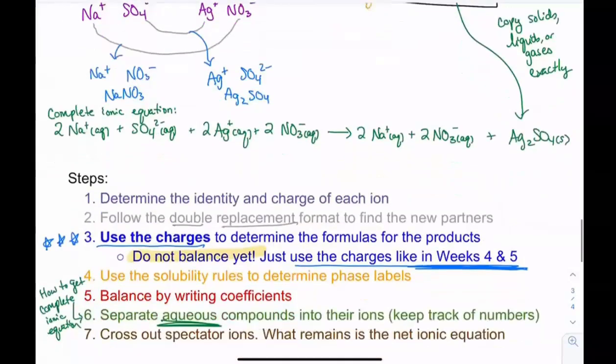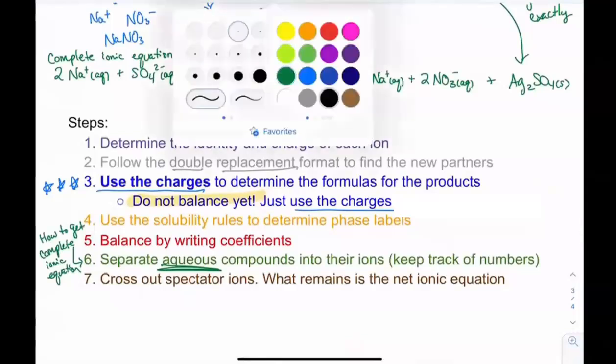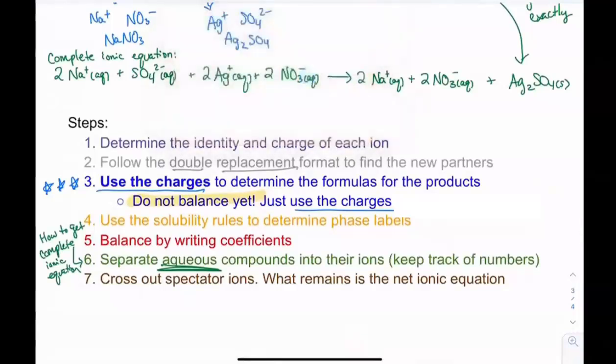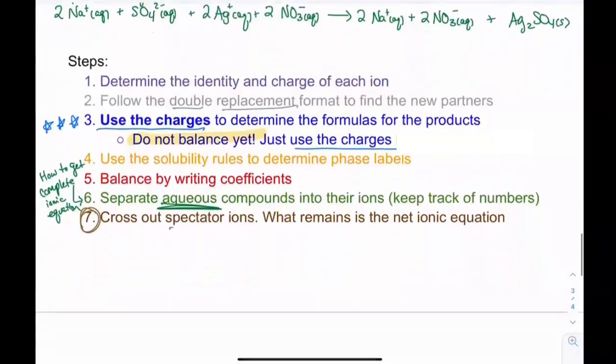Okay, but our goal here was actually to get the net ionic equation. So what we're going to do to get that is cross out the spectator ions. Spectator ions are ions that are the same on both sides. What I mean by that is they are ions that are exactly the same in the reactants and the products.